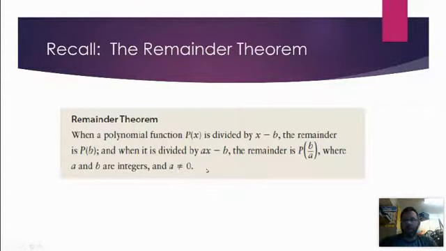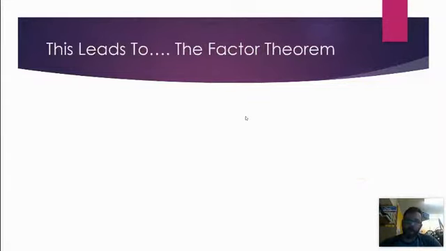A consequence of this, and what it leads to, is the factor theorem. If a binomial is a factor of a polynomial, it means we should get a remainder of 0 when you divide them.